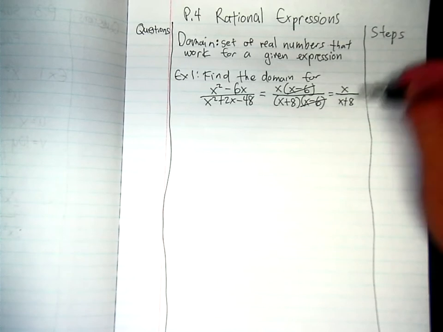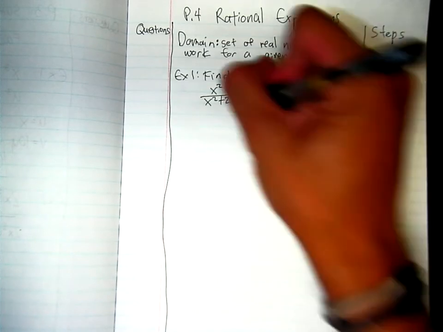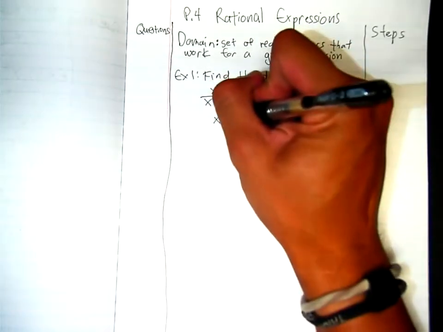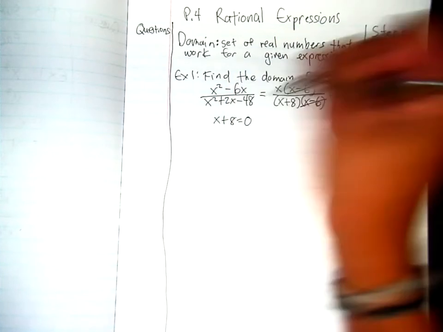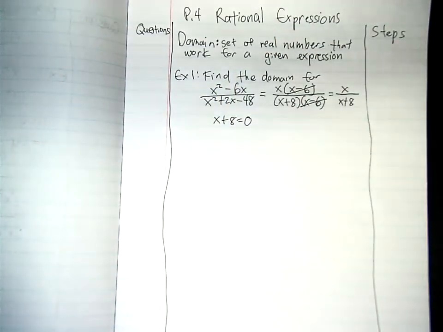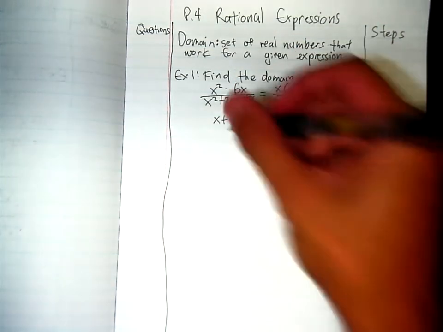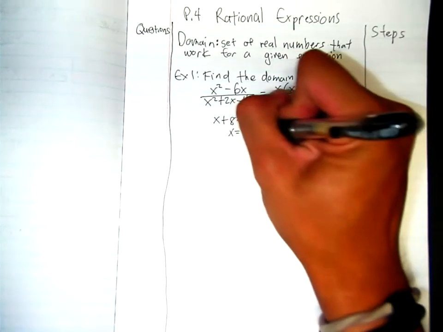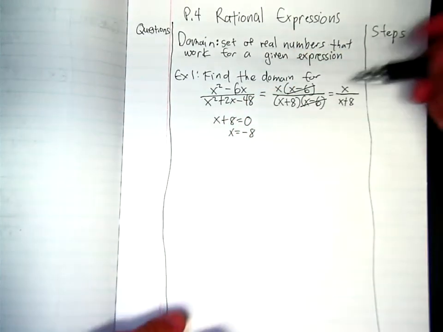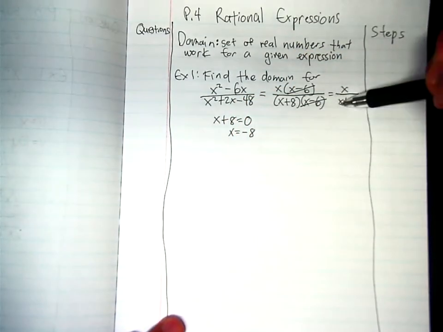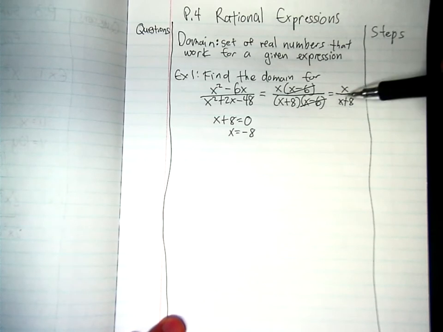So therefore, x plus 8 cannot equal 0. I want the value of x that will make the bottom of the fraction equal 0. I'll set x plus 8 equals 0, and I'll find that x equals negative 8. It makes sense because if I plug in negative 8, negative 8 plus 8 is 0.